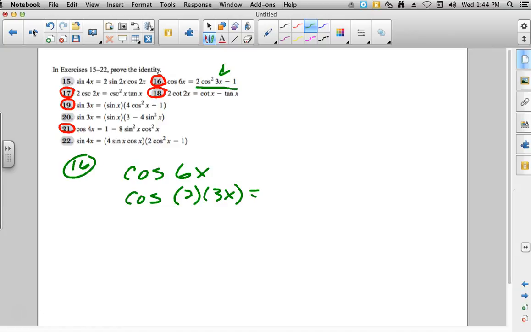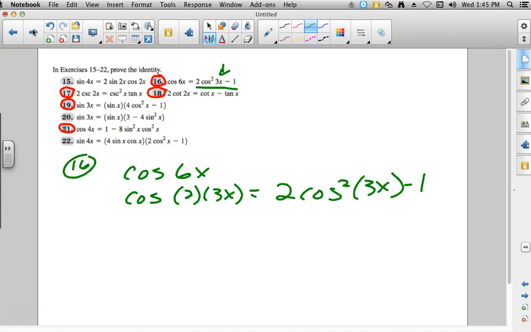So that's what I'm going to do. I'm going to use the formula and figure out what the cosine for the double angle of 3x would be. So this is going to be 2 cosine squared of 3x minus 1, just from putting that into the double angle formula that we have.